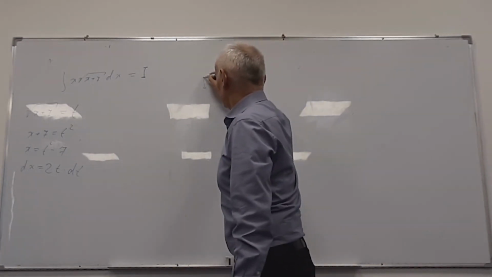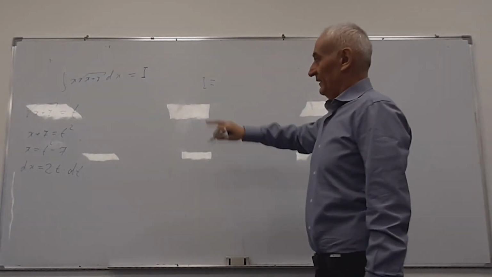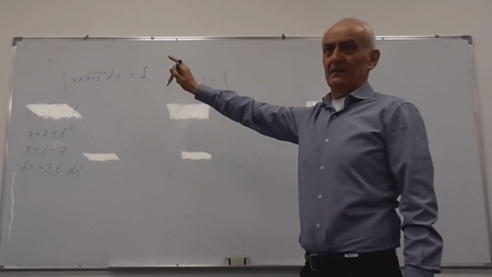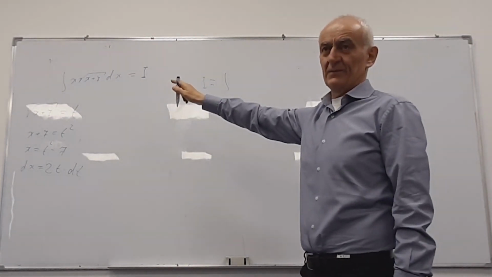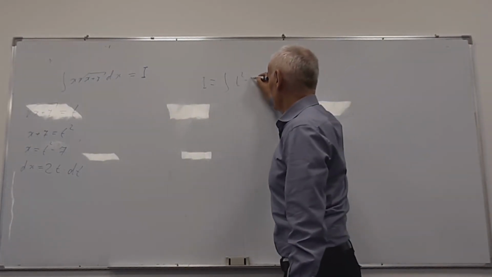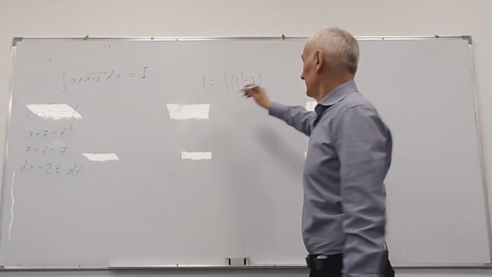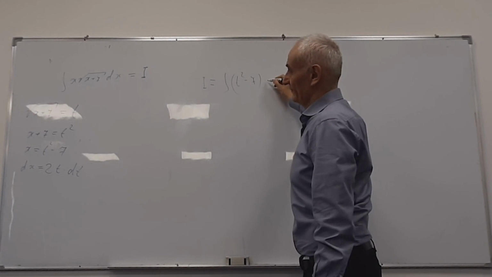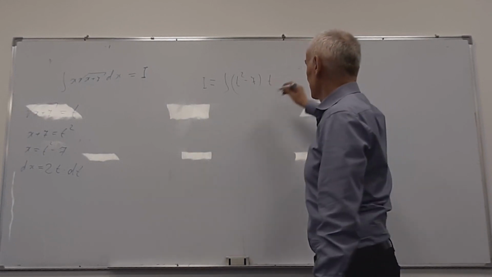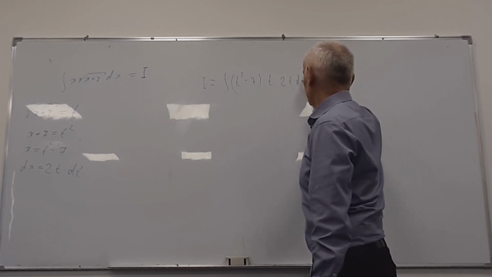So E equals the integral. x we replace by t square minus 7, t square minus 7. The square root we will replace by t, and dx is 2t dt.